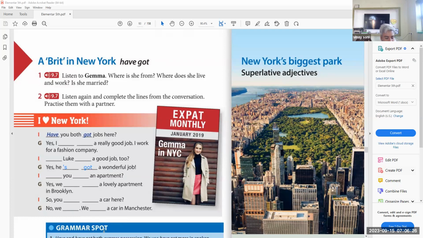Like this. Okay, this is how we read it. This is how we write it.